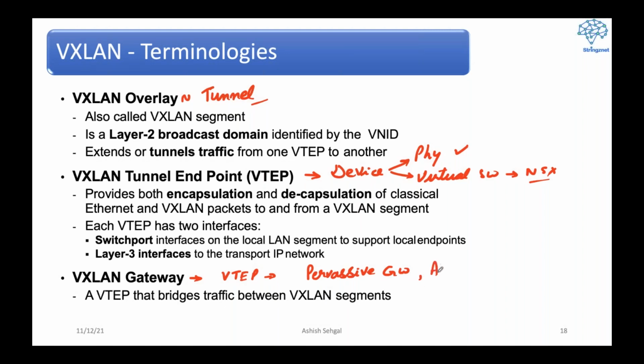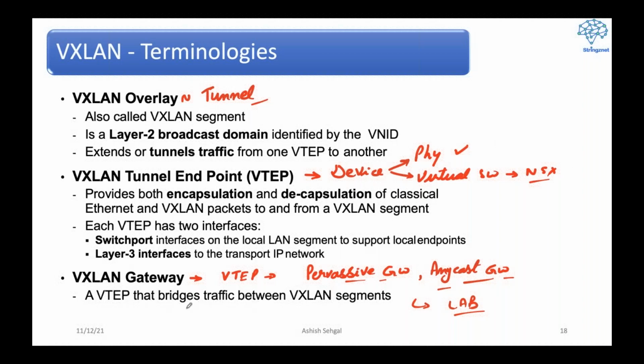Over here you can call it an anycast gateway. To convince you of this, I need to move over to the lab. I'm sorry, I will not be able to convince you right now about the concept of pervasive gateway or anycast gateway as used in VXLAN.